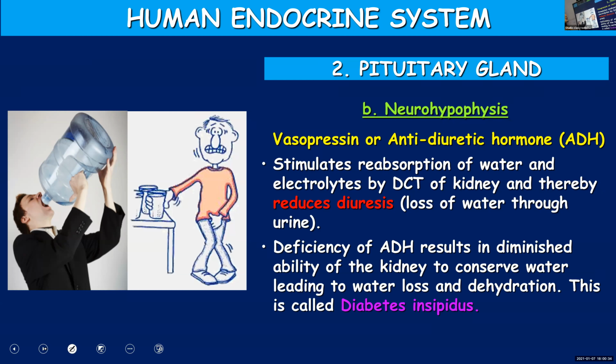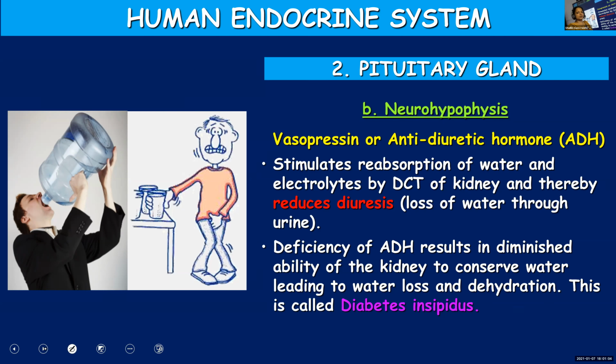Then deficiency of ADH. ADH is very essential to reduce the water loss through urine from our body. When there is deficiency of ADH, if vasopressin is lacking in our body, it will result in diminished ability of the kidney tubule to reabsorb water as well as when there was antidiuretic hormone.